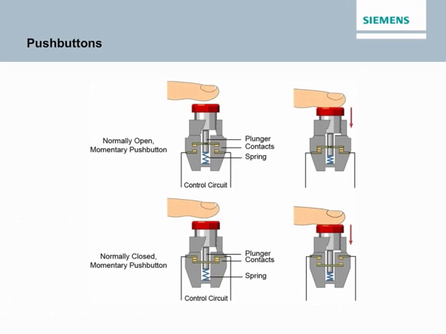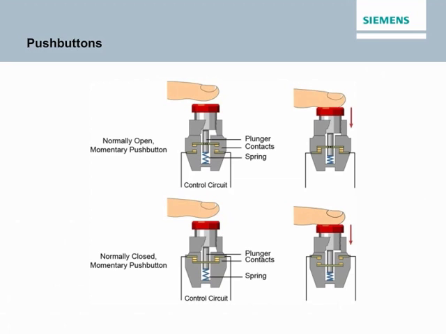Push buttons with normally closed contacts, such as the one shown in the lower illustration, are used in control circuits. The contacts remain in the closed position, allowing current to flow through them until the push button is pressed. Pressing the push button opens the contacts and interrupts current flow. The push button shown here also has momentary contacts.